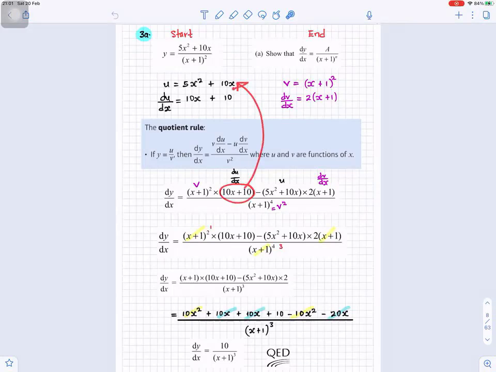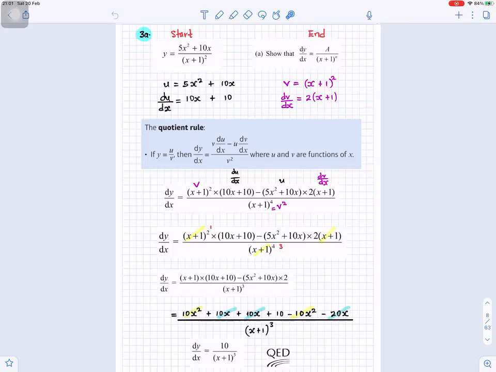That's du over dx. Minus u, which is this one, times dv over dx, which is this one, all divided by v squared, which is that v squared.